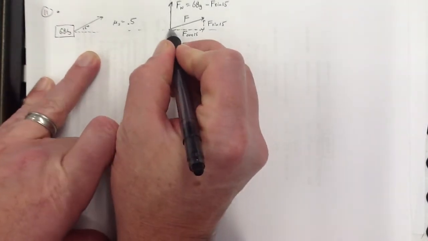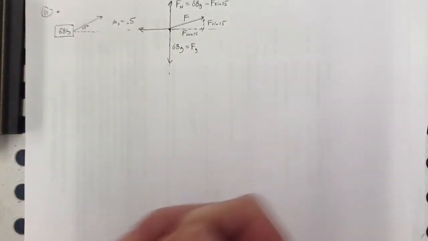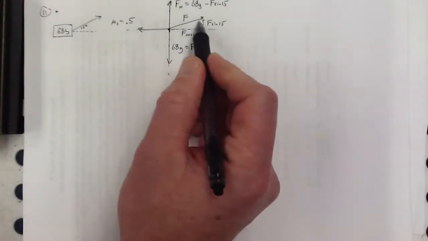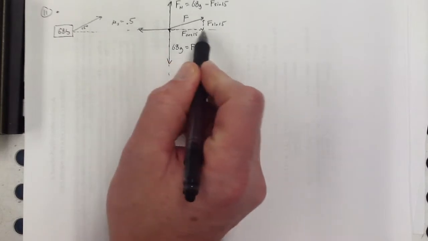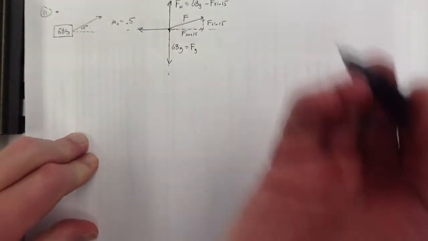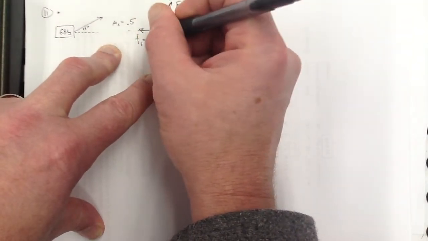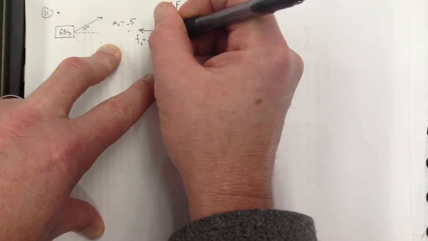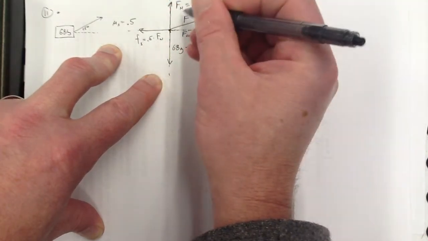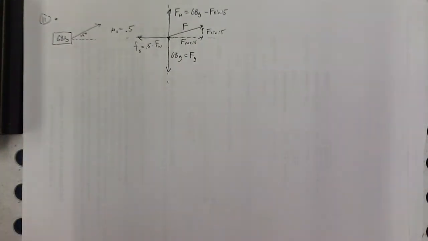And if we're just on the verge of getting it moving, that is where this force would have to match the maximum amount of static friction. And that maximum static friction is the static coefficient times the normal force, which I'm just going to write as Fn. I've got an expression for it there, but it would be that.